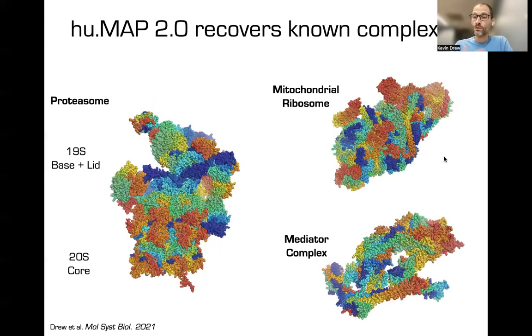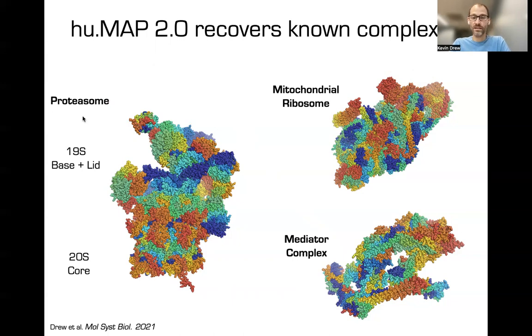The other thing that we do once we develop our map is to go searching for things that we expect to see. This is the fun part. We get to go looking for some known biology, some positive controls, to make sure that we're generating complexes that make sense in terms of biology.